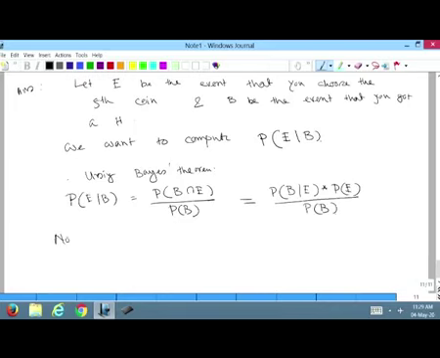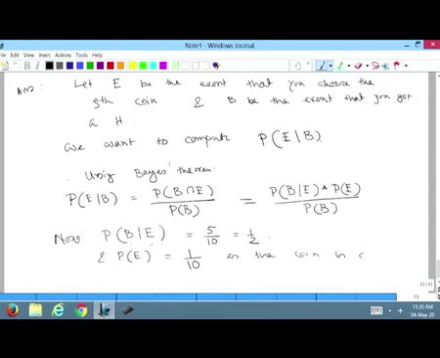Now, probability of B given E, that is probability of a head given that you have chosen the fifth coin is equal to 5 by 10, is equal to half, and probability of E is equal to 1 by 10 as the coin is chosen randomly.